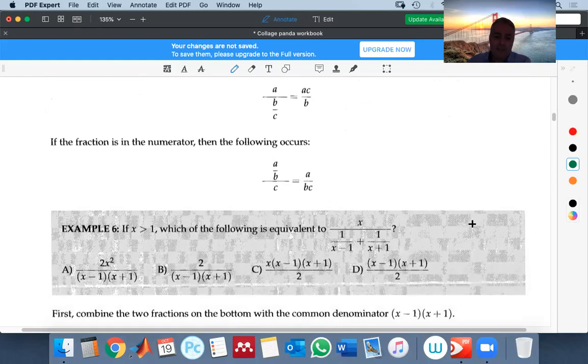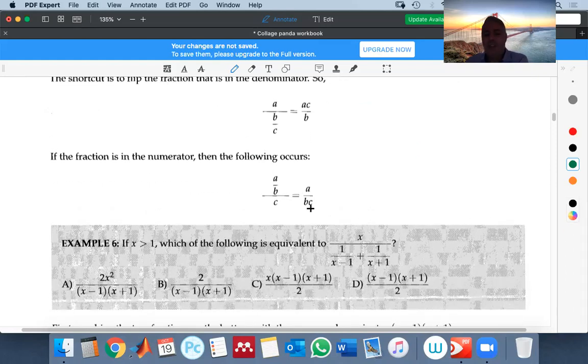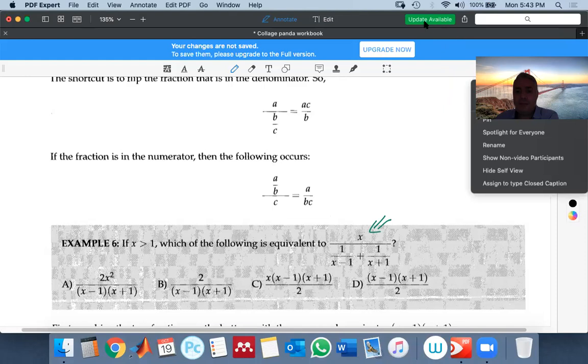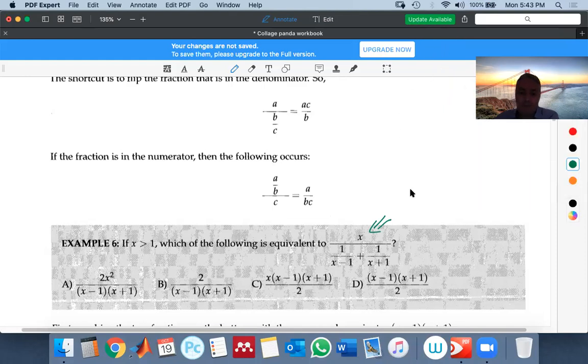Okay. Can you solve this question and tell me the answer? A, B, C, D, which one? Solve this question, please. I am waiting for you. Let me check the Google Classroom code, by the way.